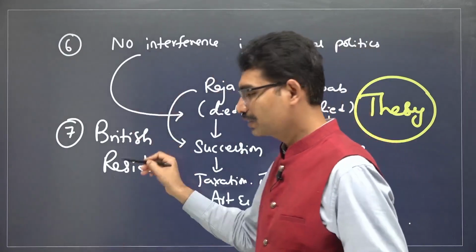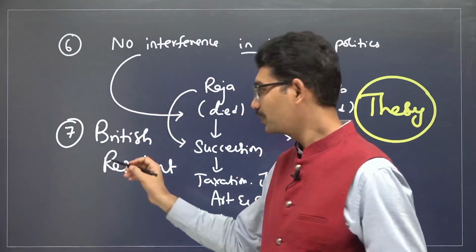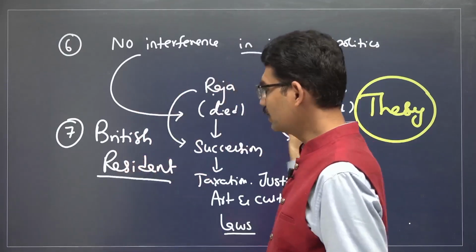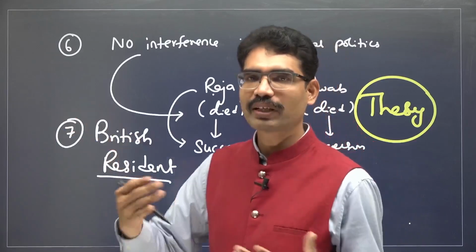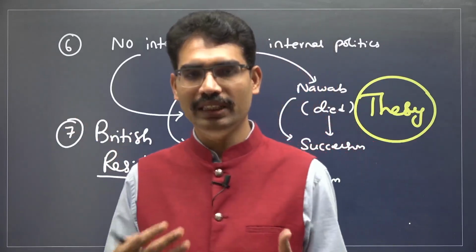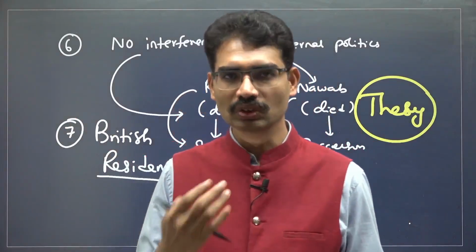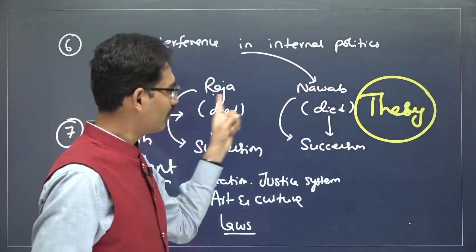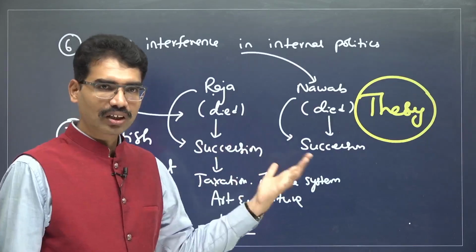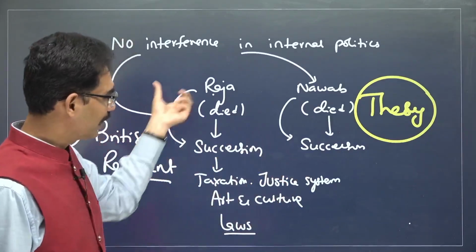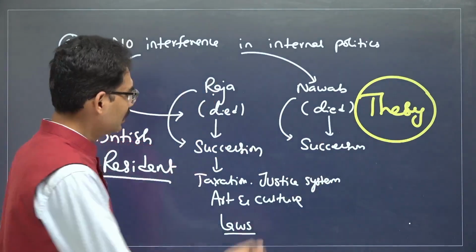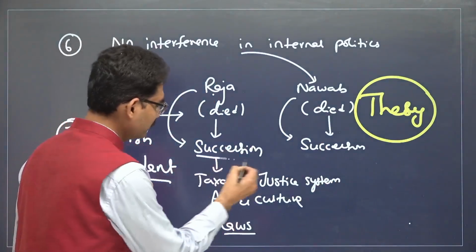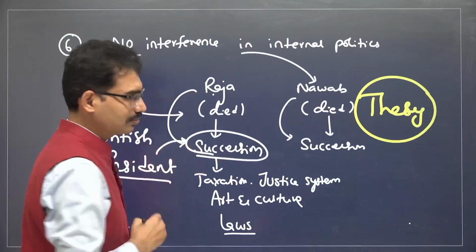But this British resident used to behave as if he were the real king of these kingdoms. Because the British resident is very powerful. Outside these kingdoms, they are controlling entire India. Now, do you think they are going to respect these Nawabs and Rajas? They are not going to respect them. In fact, they used to behave as if they were the rulers of the kingdom. That is why, if there is any succession dispute, he used to interfere.